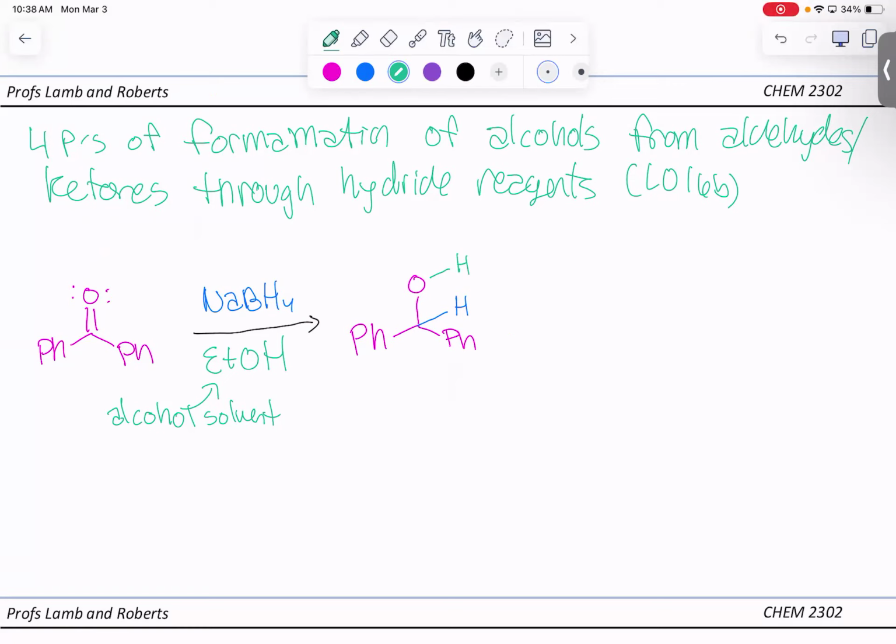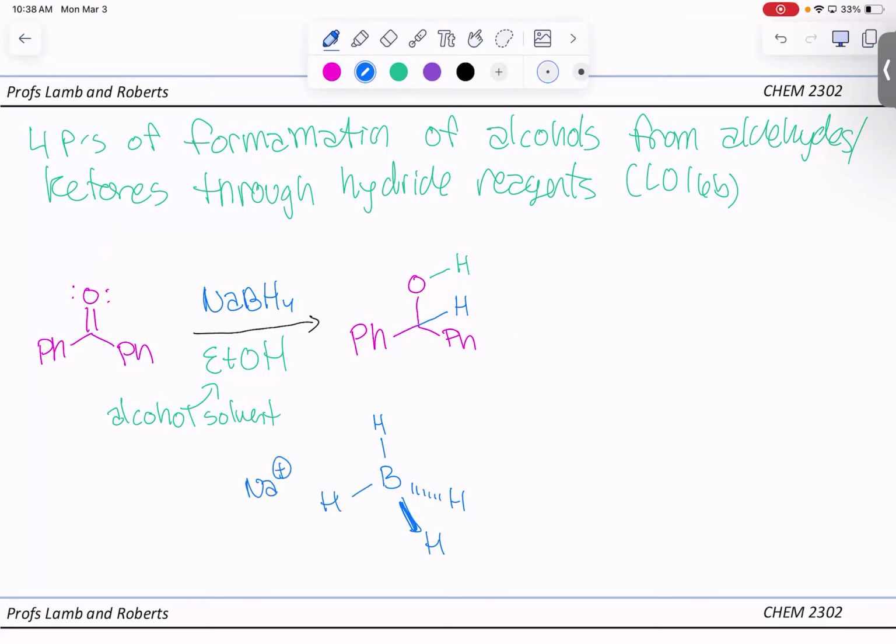We know the nucleophilic position needs to be matched with a proton, and that proton is coming from our alcohol as H+, all right? So on the exam, we had a lot of people that were really uncomfortable with a hydride versus a proton, all right? So this is the structure of sodium borohydride, all right, with our sodium plus counterion.